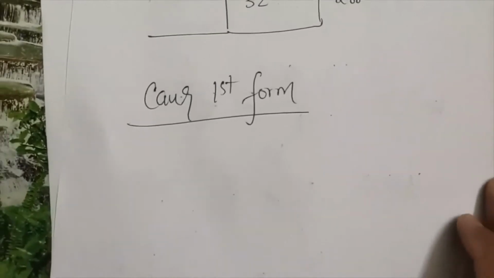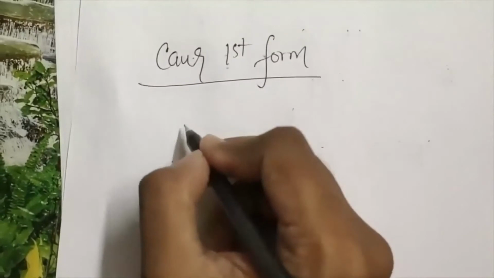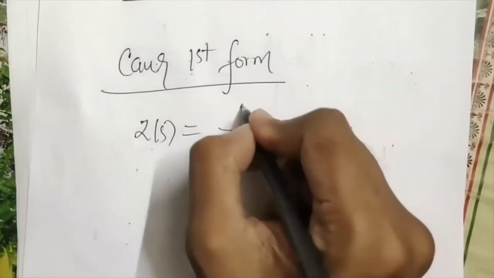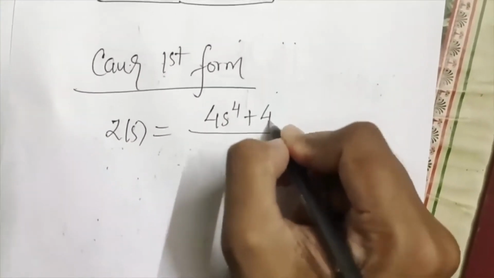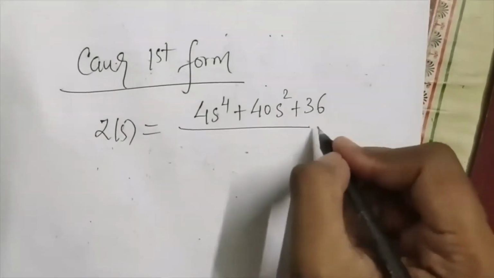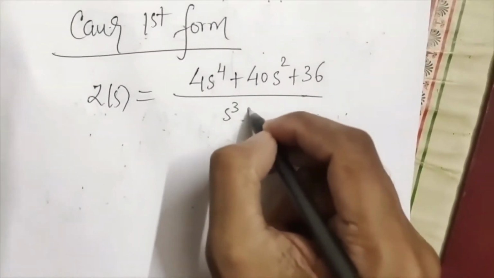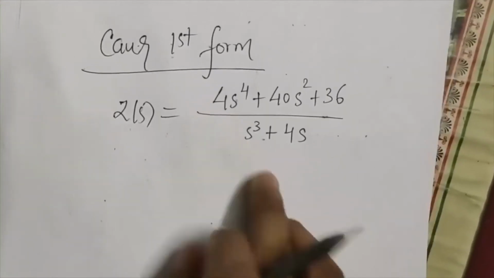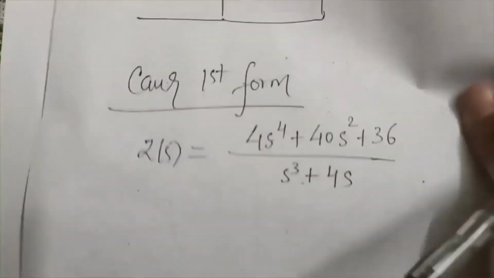So we know that we should write both the numerator and denominator in descending powers of S. So Z of S is equal to, the numerator is 4S power 4 plus 40S square plus 36. If you multiply, you get this, and the denominator if I multiply, you will get S cube plus 4S. So now we apply continued fraction to this expression.